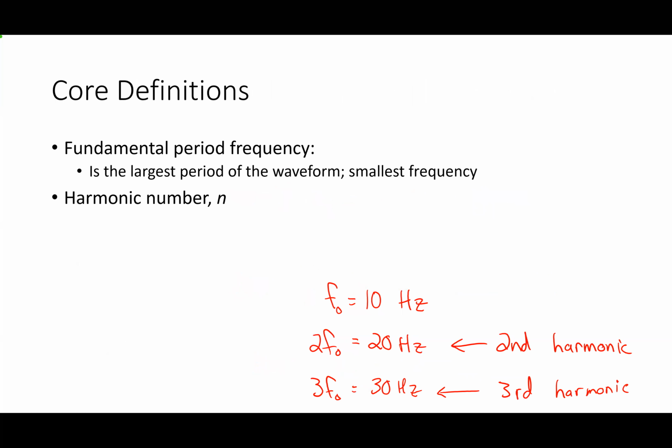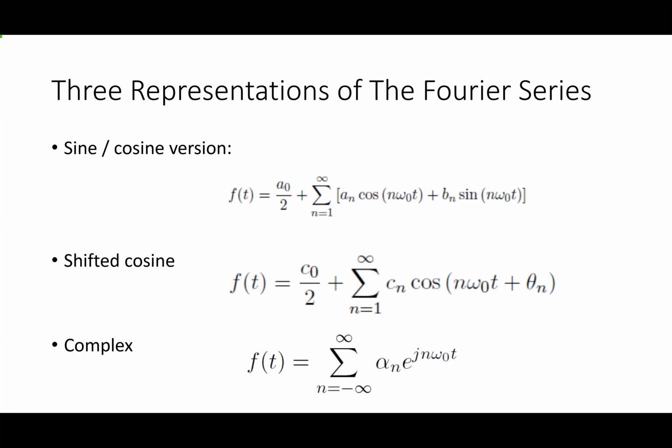Now, our core definitions: the fundamental period or frequency is the largest period of the waveform, the smallest frequency, and the harmonic number is n. This summation notation basically means I keep adding cosine and sine at different frequencies.